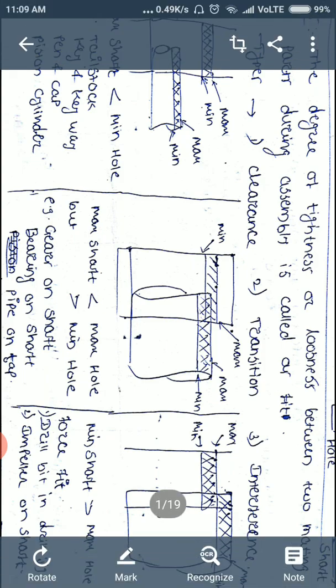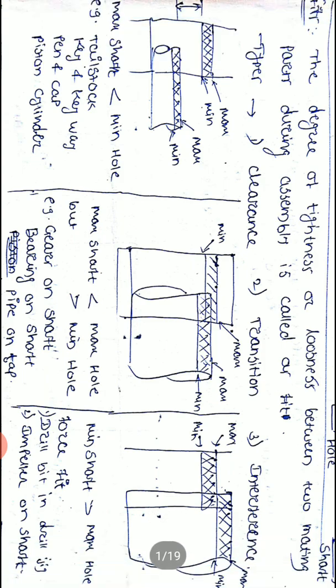Examples of clearance fit are tailstock, key and keyway, pen and cap, piston and cylinder. So there should be some clearance kept between mating parts, so that the assembly will get a smooth run. So this is the clearance fit.